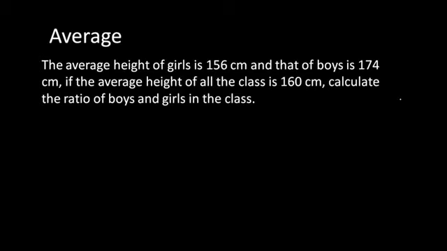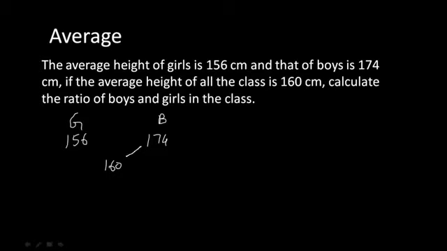The average height of girls is 156 centimeters and that of boys is 174 centimeters. If the average height of the whole class is 160 centimeters, what is the ratio of boys and girls in the class? Simple. What is the average of all the girls? 156. What is the average of all the boys? 174. What is the average of the whole class? 160.